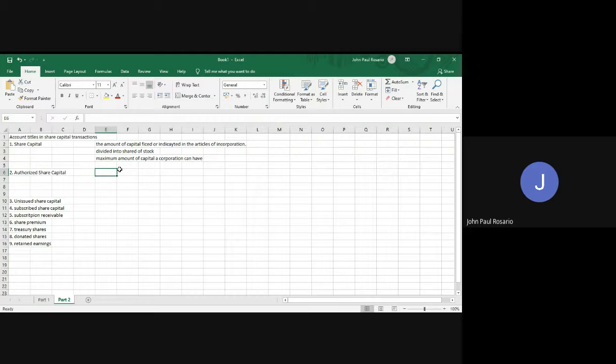Now, for the authorized share capital, this is also indicated in your articles of incorporation.